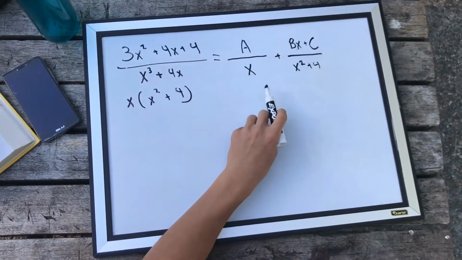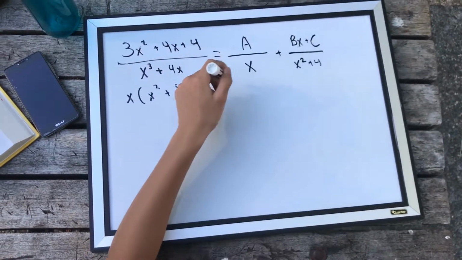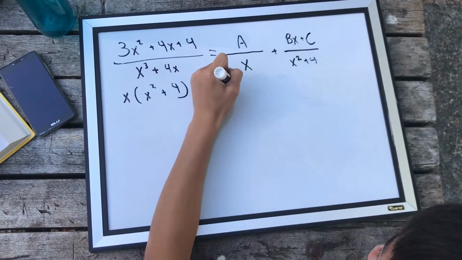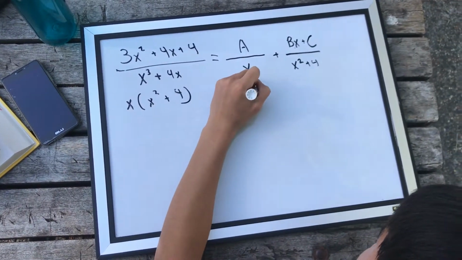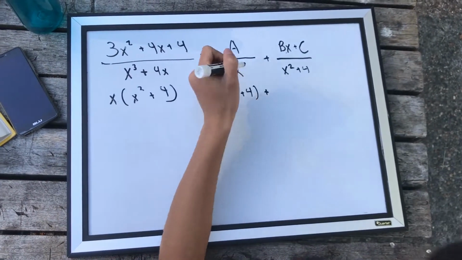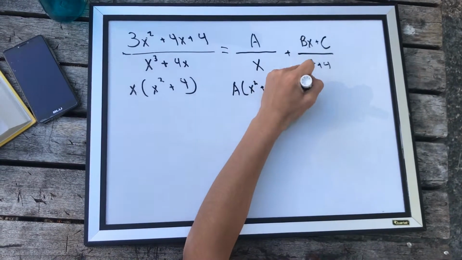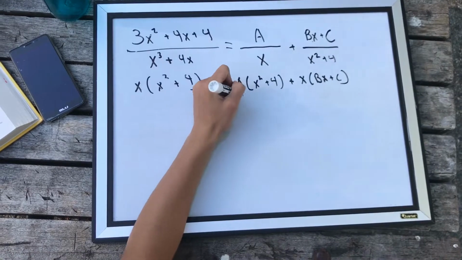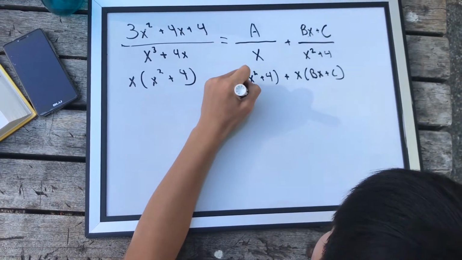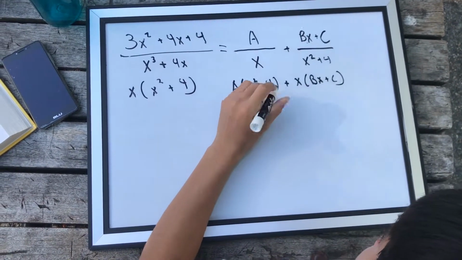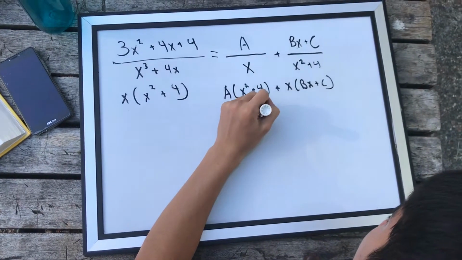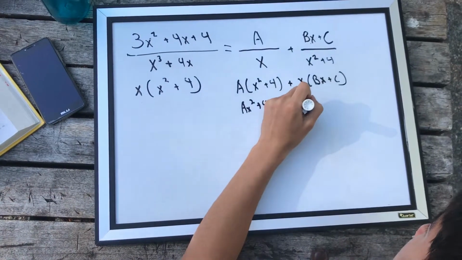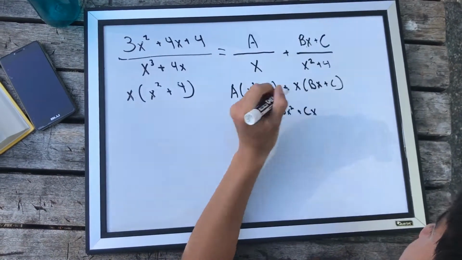If we want to make the denominator the same so we can get rid of the denominator on both sides, we'll multiply a by x squared plus 4, a times x squared plus 4, and then plus x times bx plus c. If we multiply that out, we get ax squared plus 4a plus bx squared plus cx.